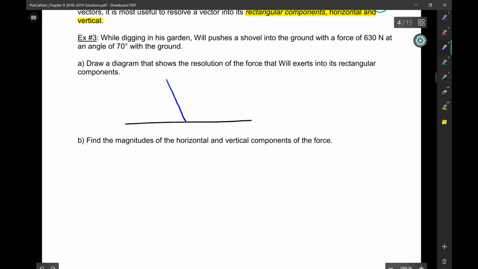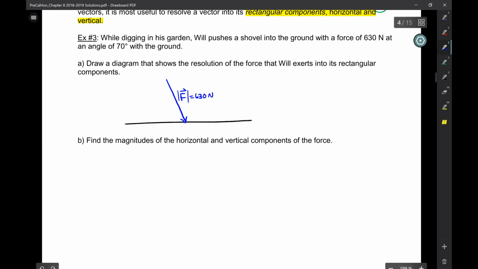Now, which way will this arrow point? Which way is the force going? Is it going downwards into the ground? Right. So that's his force. And we say this is a force vector. And its magnitude is 630 newtons.